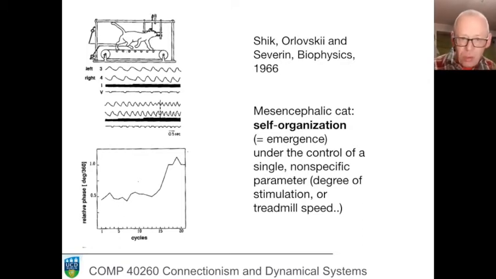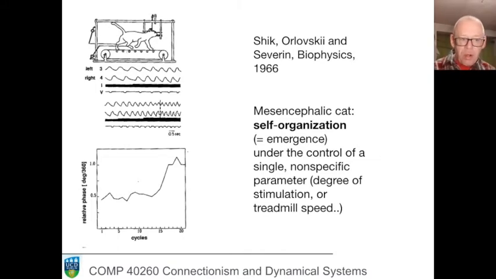And lo and behold, without any involvement of the cortical areas we normally associate with movement control, we find coordination emerging again. The legs spontaneously adopt relations of non-independence to each other with fixed phase relations, so we get an organized gait.